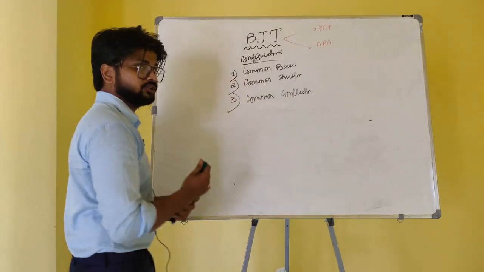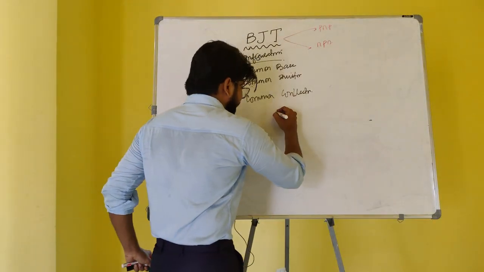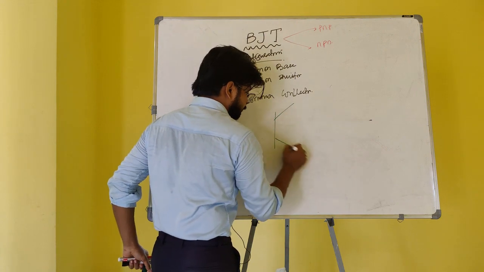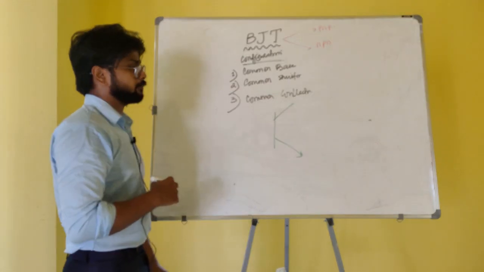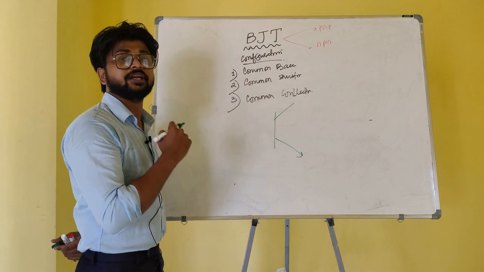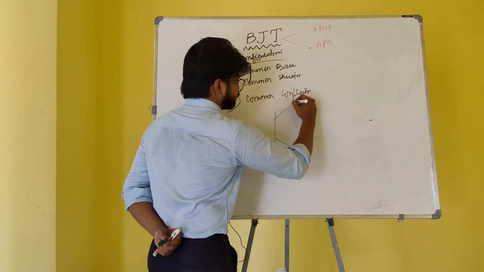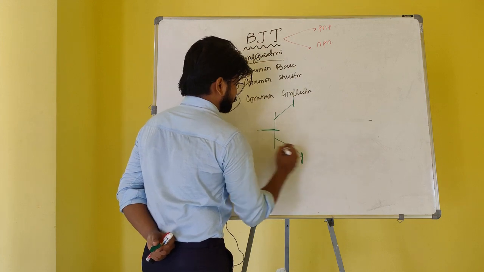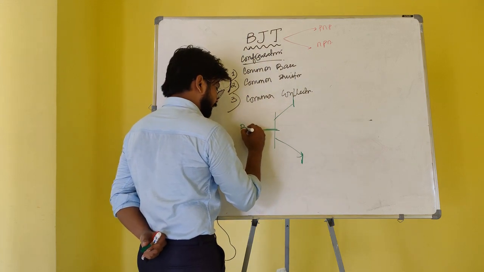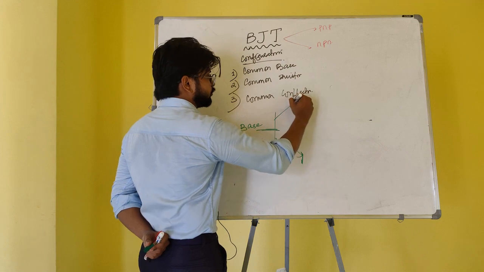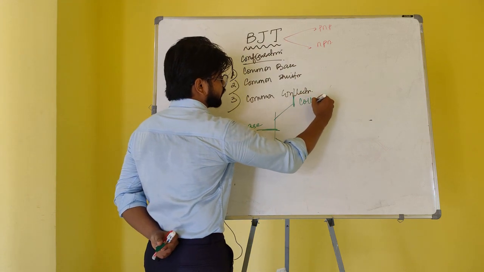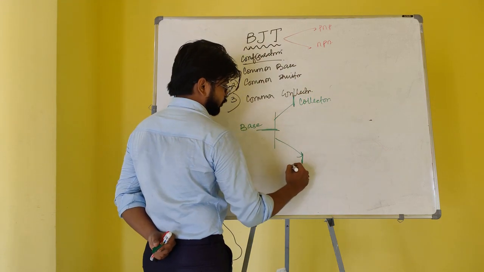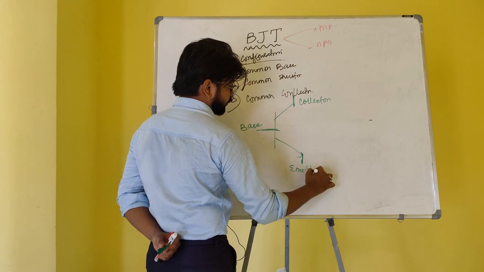As I showed you in the diagram of the BJT, the bipolar junction transistor, there are three terminals present. This is the first terminal, this is the second terminal, and this is the third terminal. This one is called base. This one is called collector. And this one is called emitter.